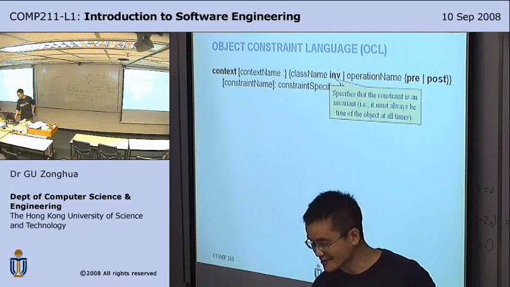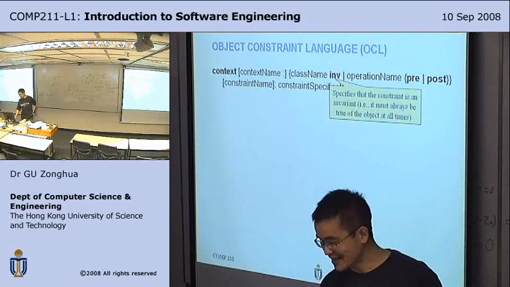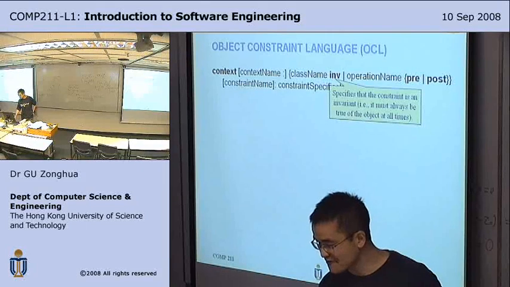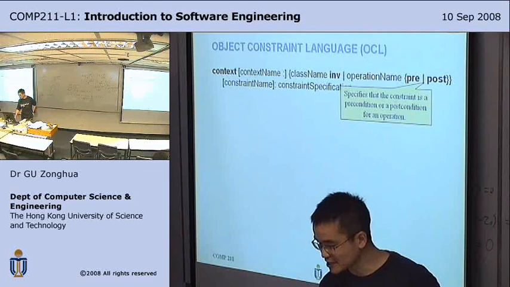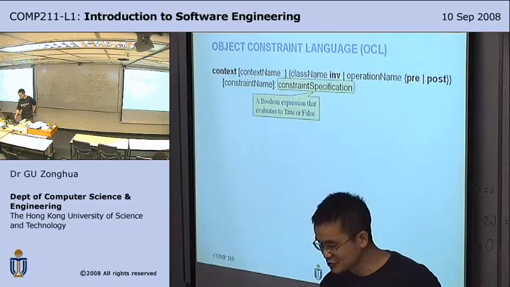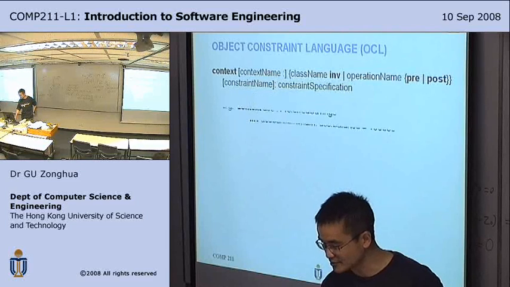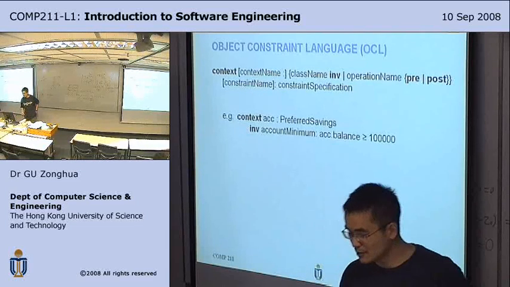Invariant, that is something that is always true of the object at all times, it means it's an invariant. And then pre- and post-conditions of an operation, and a name for the constraint and constraint specification, a Boolean expression that evaluates true or false.